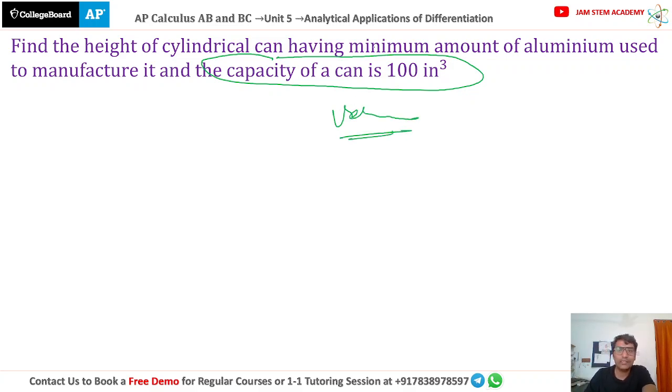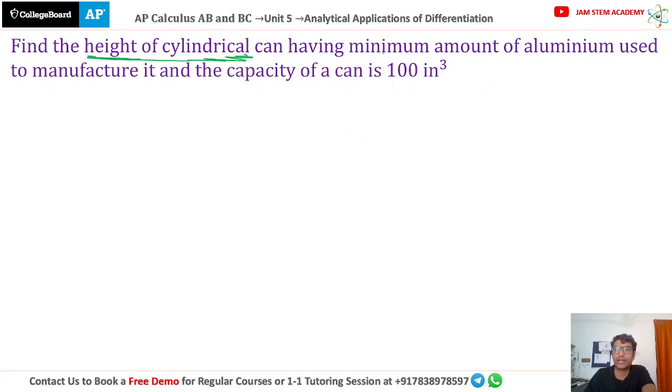Now we have to find the height of that cylindrical can having the minimum amount of aluminium used, meaning the surface area is minimum. By looking at this, you can see we have to minimize the surface area. So always find the function which is to be optimized, either to be maximum or minimum.